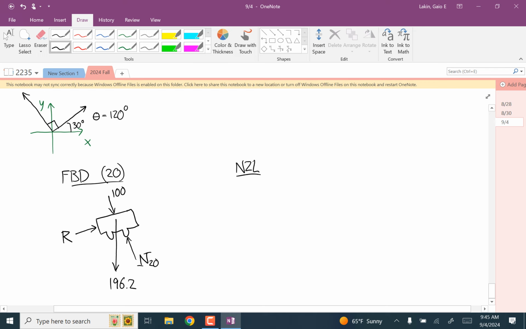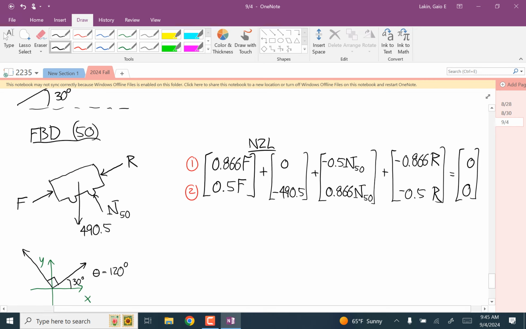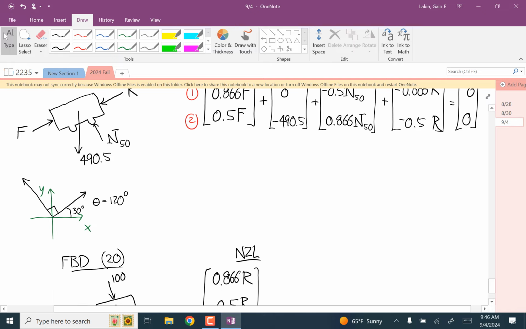And now Newton's second law, we have 0.866 R, 0.5 R. That's cosine and sine of 30 degrees. This 100 Newton force is the opposite direction of this normal force we already figured out. So you can just switch the signs on both of these components. So that unit vector is going to be positive 0.5, negative 0.866. And then we'll multiply it by 100.